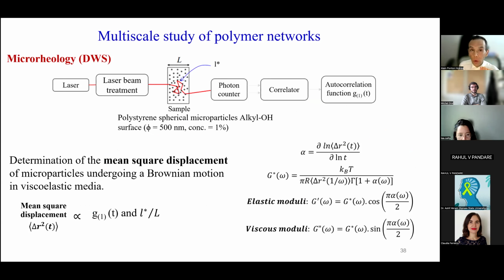Now, just a few words about microrheology. Microrheology is based on diffusing wave spectroscopy. Typically, the sample is illuminated by a laser, and the scattered light is measured and analyzed to obtain the intensity autocorrelation function.